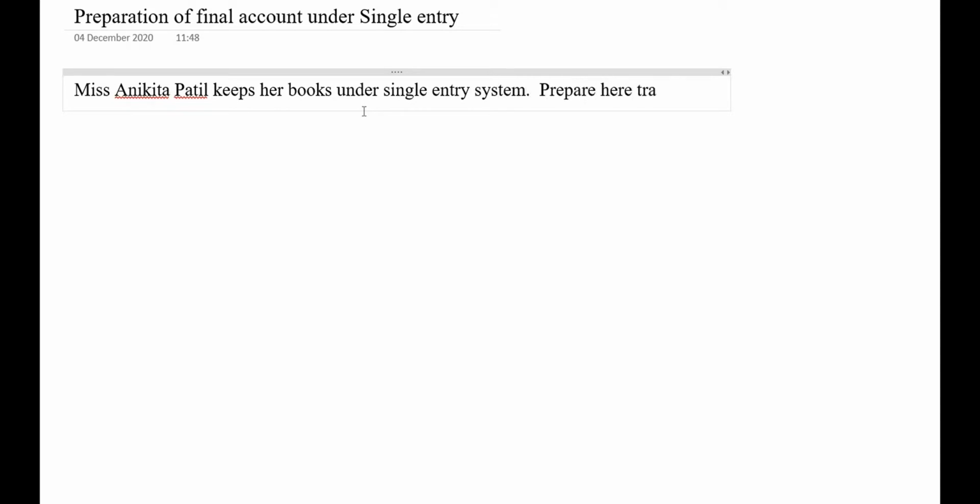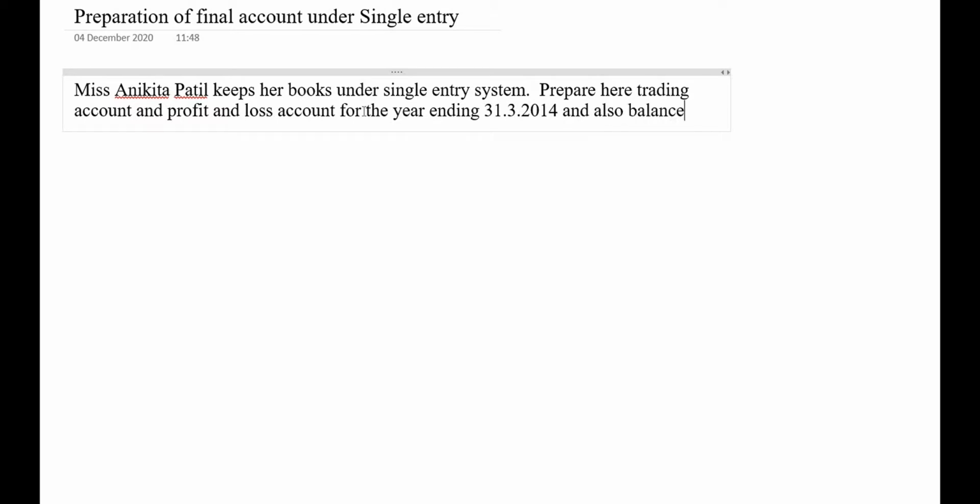Prepare her trading account and profit and loss account for the year ending 31/3/2014 and also balance sheet as on that date from the following.